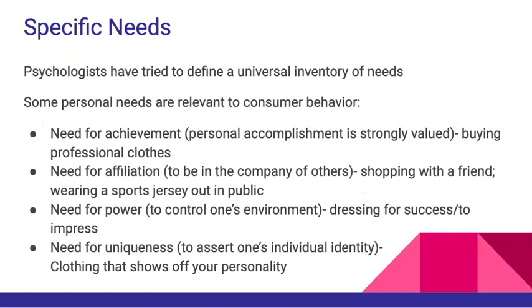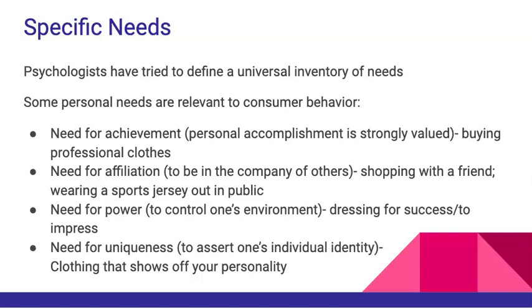So psychologists have tried to define a universal inventory of needs. And some personal needs are relevant to consumer behavior. So the need for achievement, this is very much tied to consumer behavior because a person may buy professional clothes or buy a certain watch or something that shows off that they have achieved a status in life. Need for affiliation.